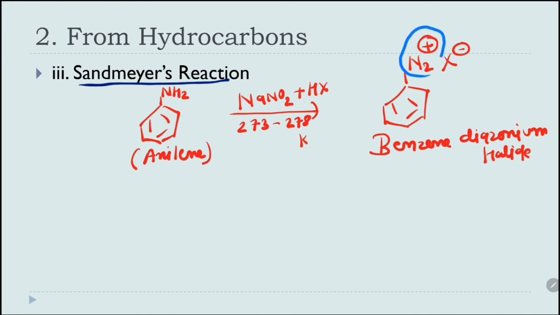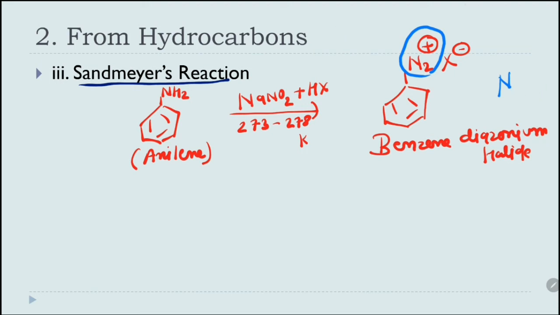It is one of the best leaving groups, because it wants to get removed as nitrogen gas so that it can get inert gas configuration. So wherever a nucleophile is provided, it will be replaced by that nucleophile easily.